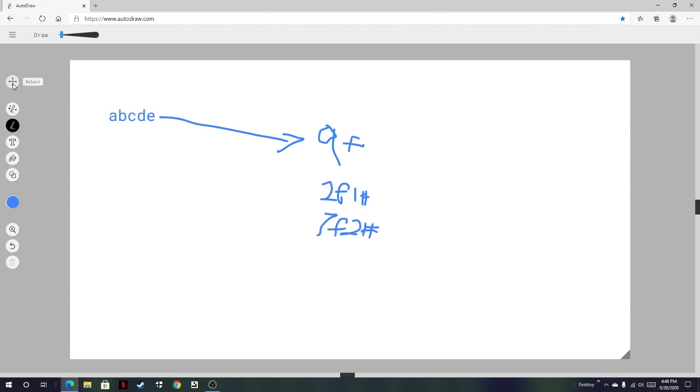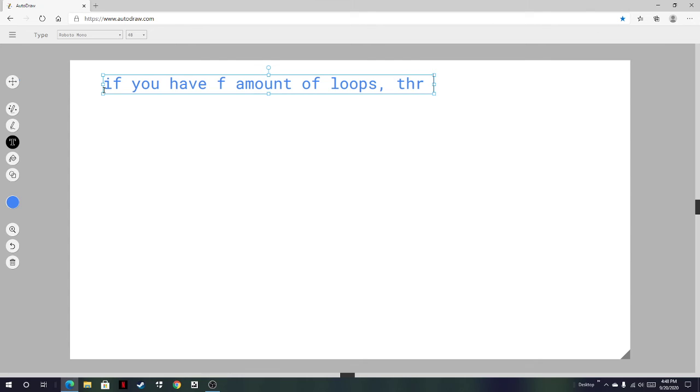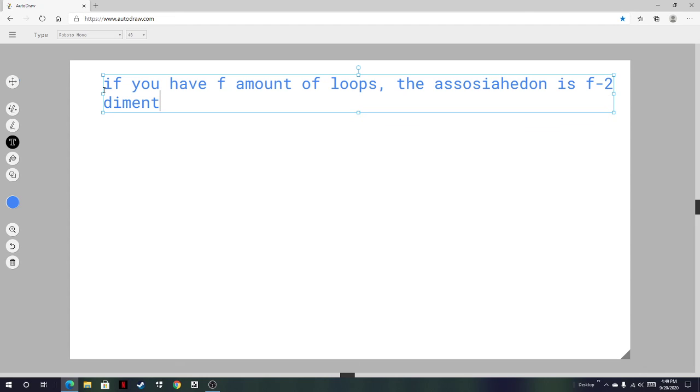So, what about all of these loops? Well, it turns out if you have F amount of loops, the associahedron is F minus 2 dimensional.